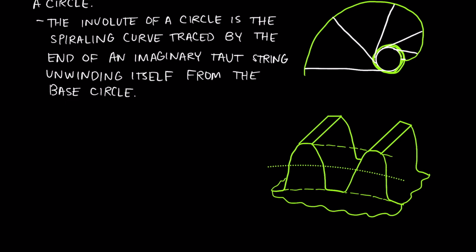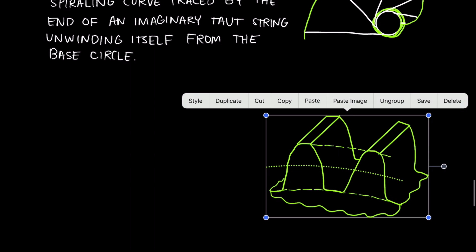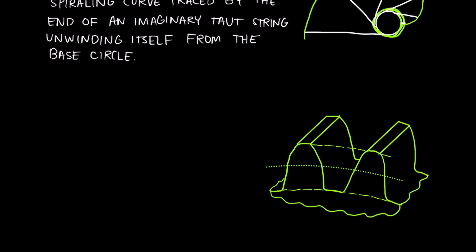Now, as it's rotating, the curved surface of this gear tooth is going to press against the curved surface of another gear tooth. So if I were to draw the mating gear up here, here's our mating gear tooth.